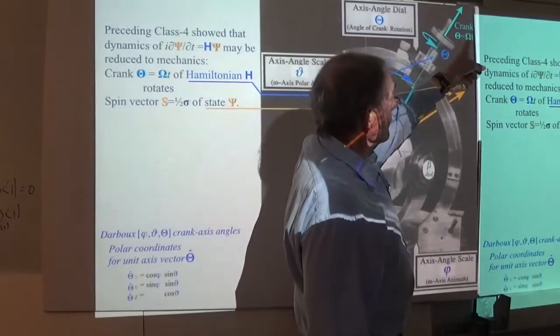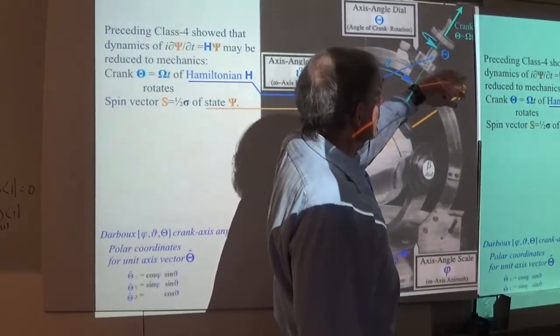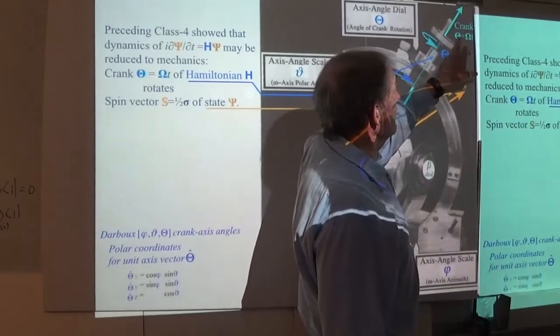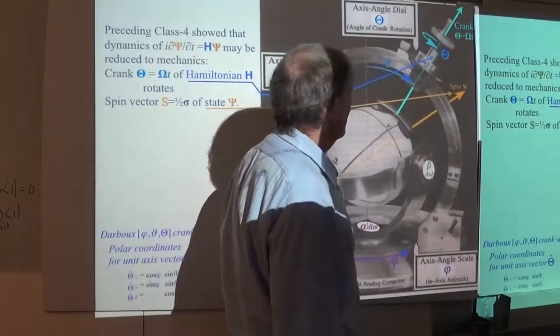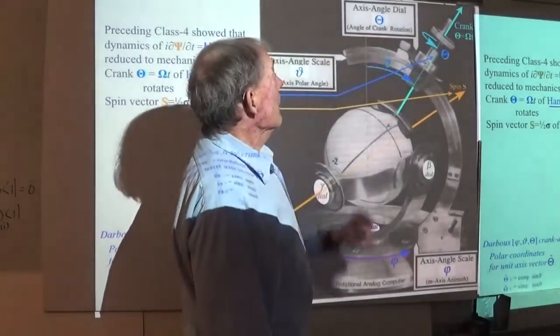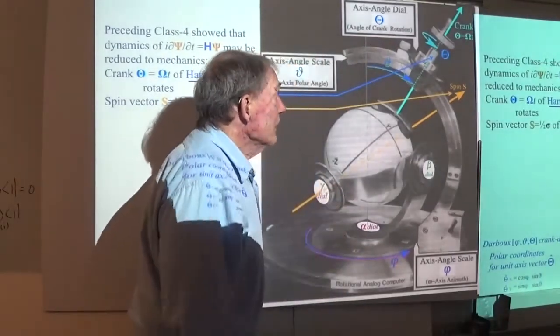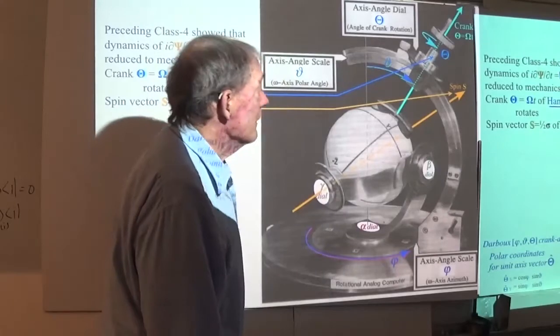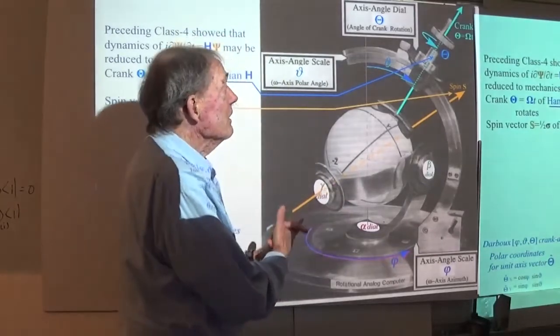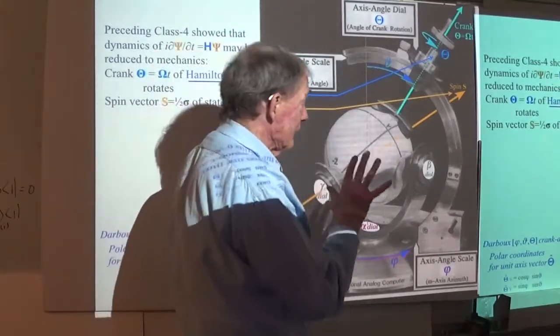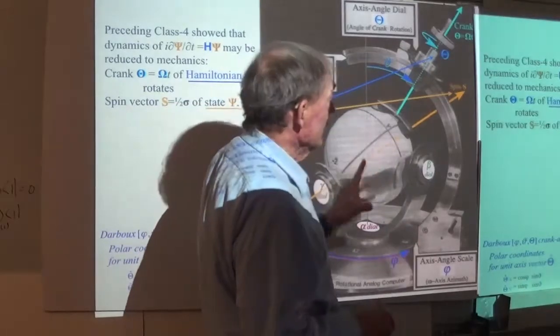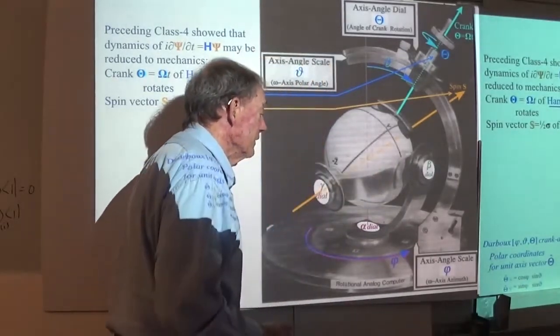The omega vector is really what we'll be talking about, but the omega times time is the uppercase Theta. That's the third angle, the angle of crank rotation. So that's three angles to describe a state apart from its amplitude. This is its direction. The amplitude is another question entirely.